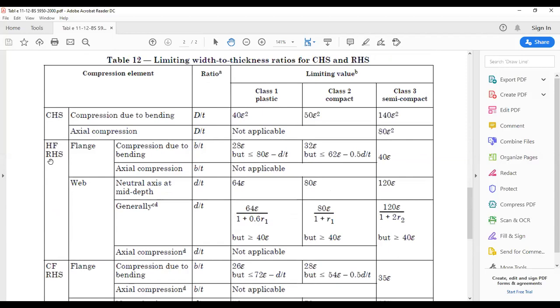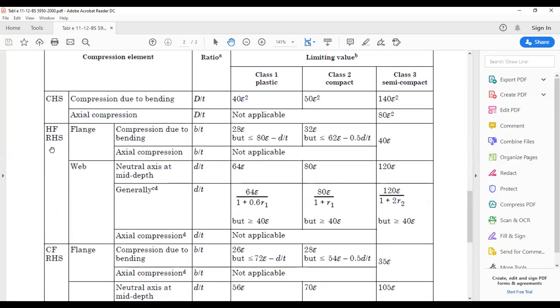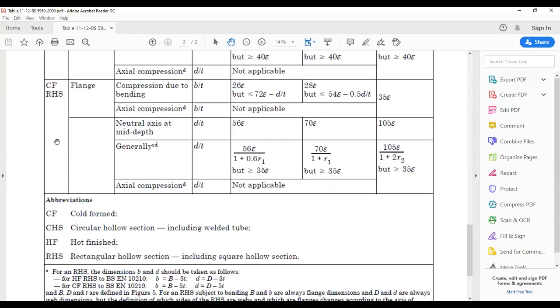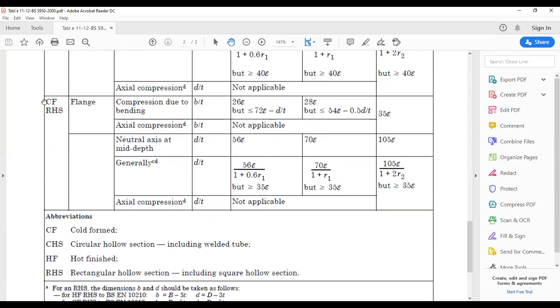These finishes are with respect to the production process. If they are produced under hot conditions, they fall under the category called hot finished rectangular hollow sections. But if they are formed under cold conditions, then they are called cold deformed rectangular hollow sections.